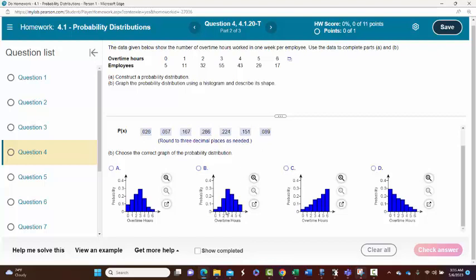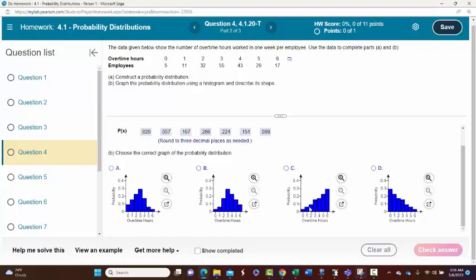Which histogram looks correct here? Well, you see the first one's pretty low, at 0.2, 0.6. So it's got to be either B or C. Next one's 0.5, 0.7, about halfway up. The first two are the same for B and C, but now we'll figure it out. 0.1, 0.6, 0.7.